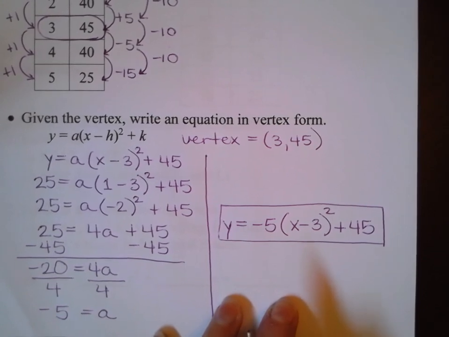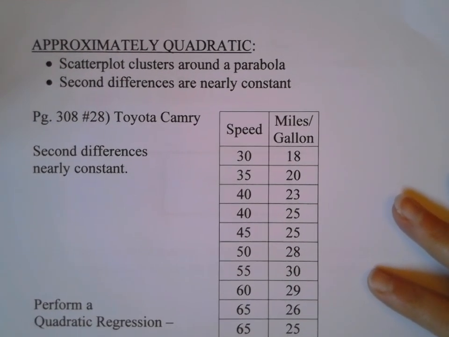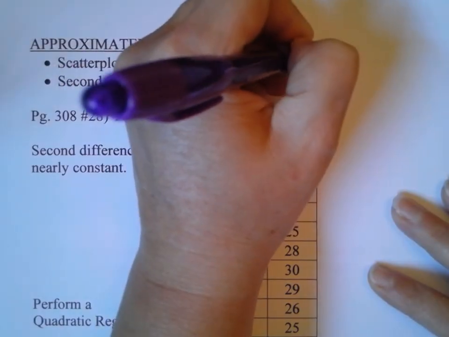Okay, so let's talk a little bit about something that is approximately quadratic. So in this case, maybe these points don't line up exactly on a parabola, but they're close. They cluster around the parabola, right?